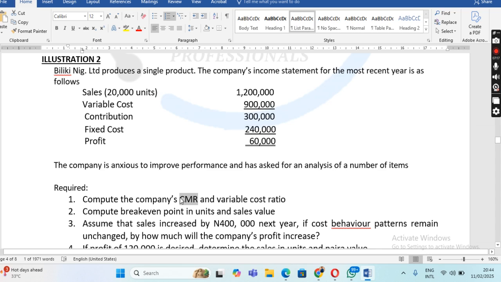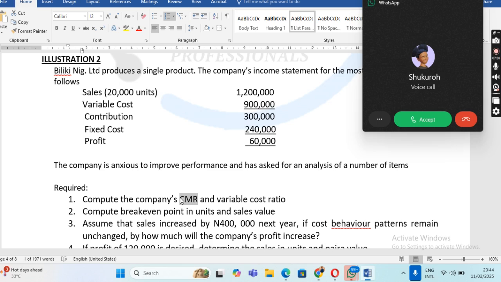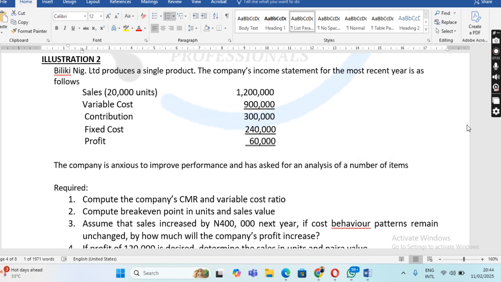Don't forget CMR: C stands for contribution, M stands for margin, and margin means ratio. So contribution divided by sales times 100 gives you the contribution margin ratio.